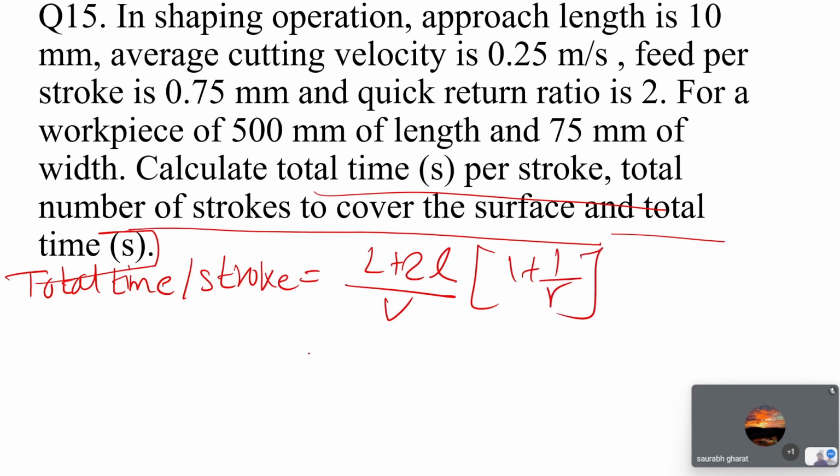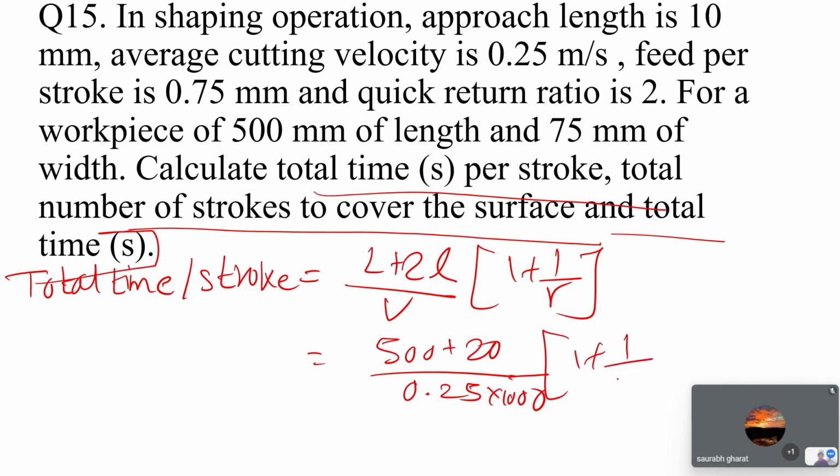Okay, so it will be 500 plus 20, as you know everything is same, 2 into 10 is 20, 0.25 into 1000, because it is in millimeters, you will take, and this is in meters. Okay, to match the units, simple. Into 1 plus 1 by 2, so it will be 1.5.